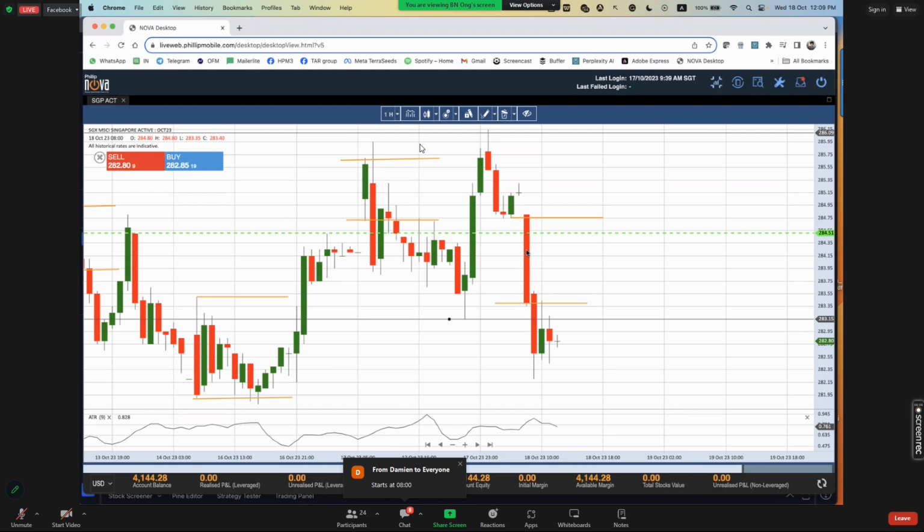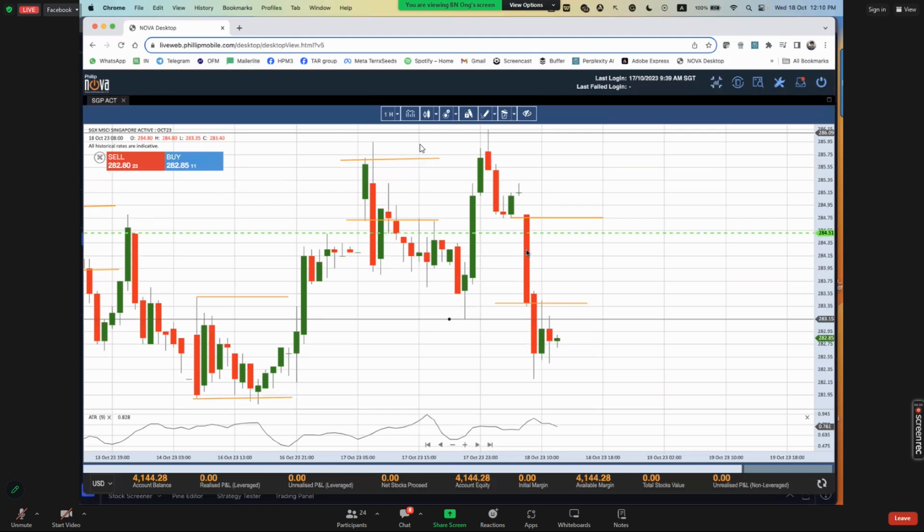Yeah, on the price chart, on a 1 hour chart, right? It starts at 8, but essentially it starts at 8:30. So if you go to the 30-minute chart, you should see the opening bar starting at 8:30, not at 8, right? Okay, so I now put my mouse at that bar, which is the opening bar. You look to the left, that should be 18 October 23, 0800.